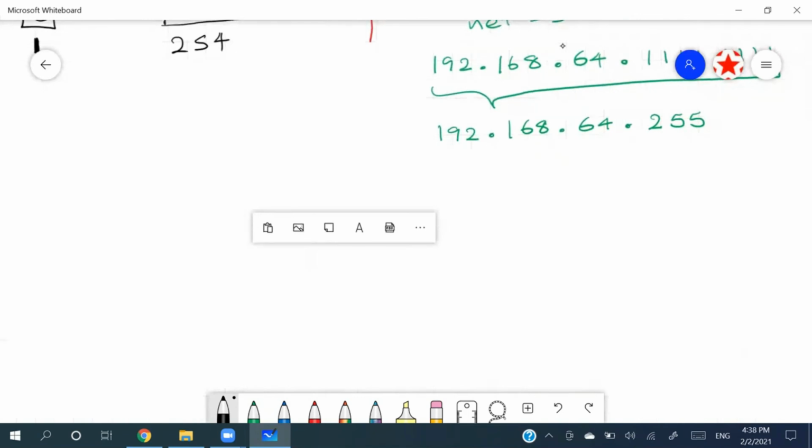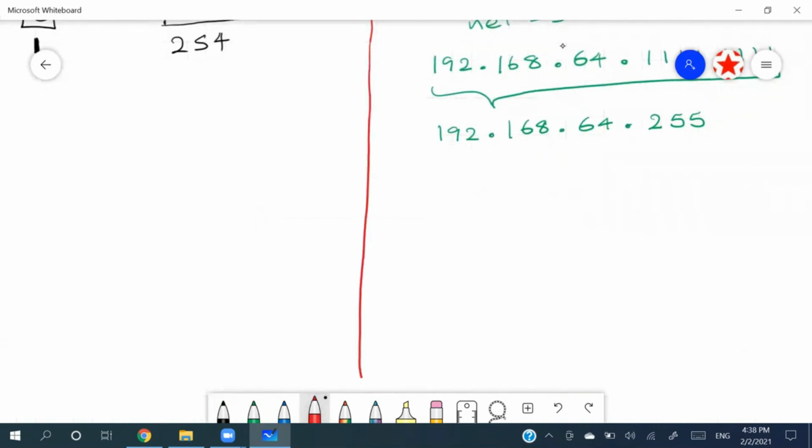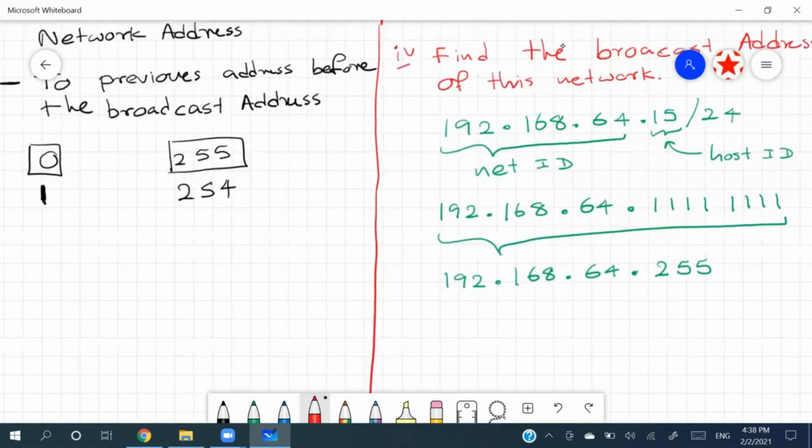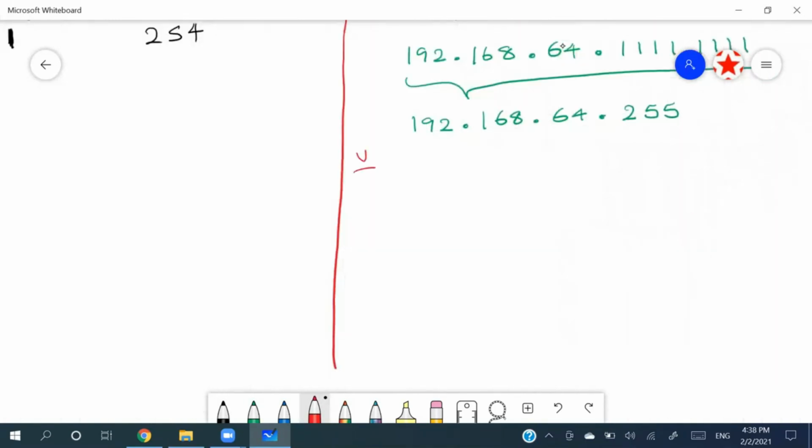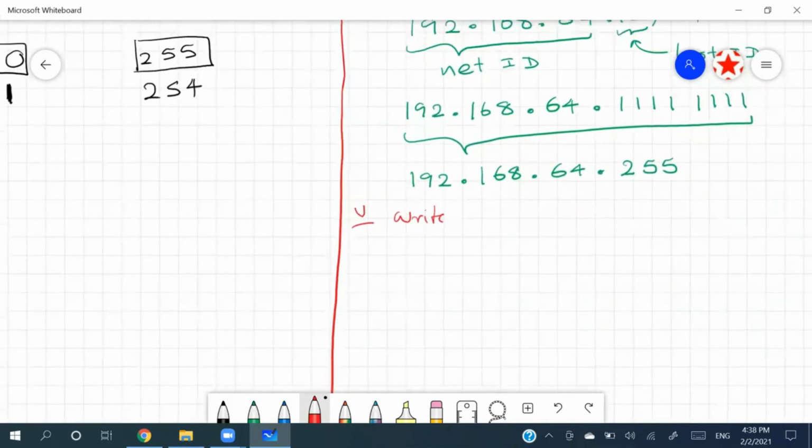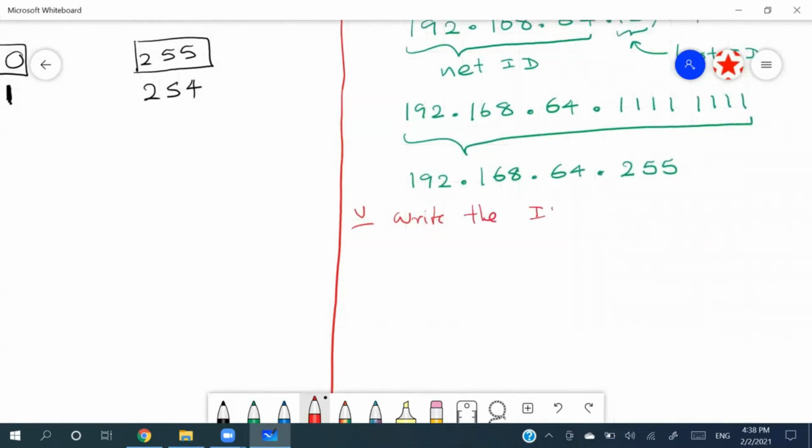Right, so I am extending the question. It is going to be the fifth question. Write the IP range and usable IP range of this network.